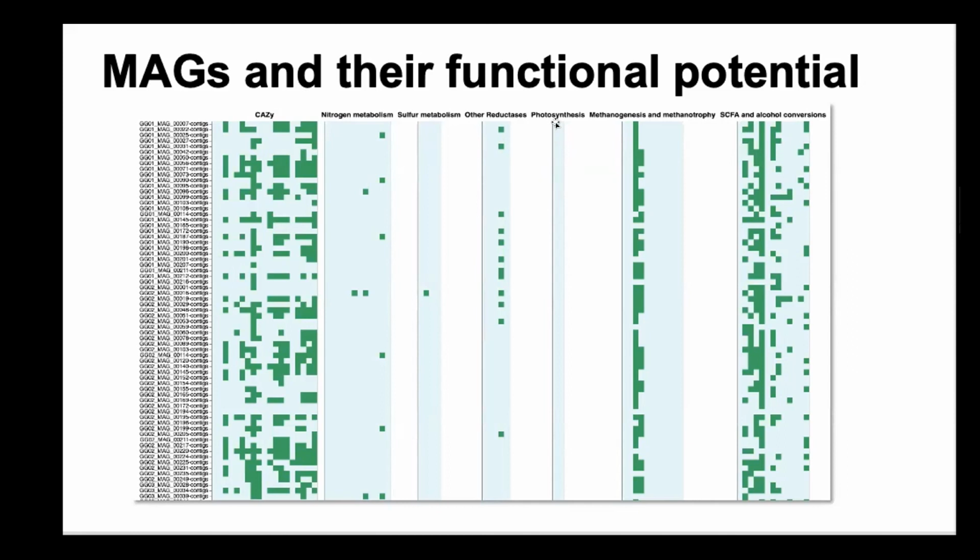And just for fun, we also blasted it against a photosynthesis database. This photosynthesis database is actually a control, because we're hoping that nothing shows up. If anything shows up here, maybe we need to go back and redo some of the analysis.